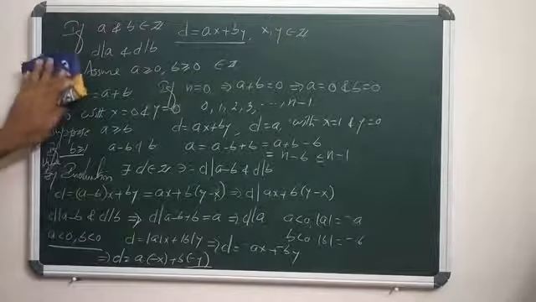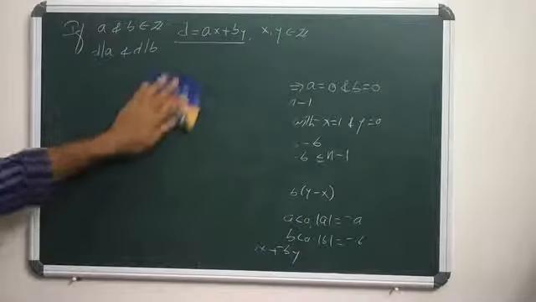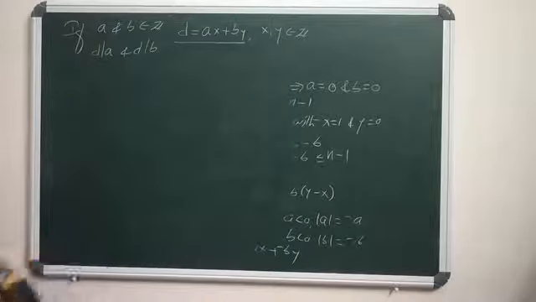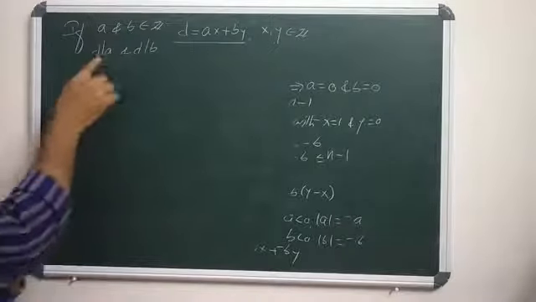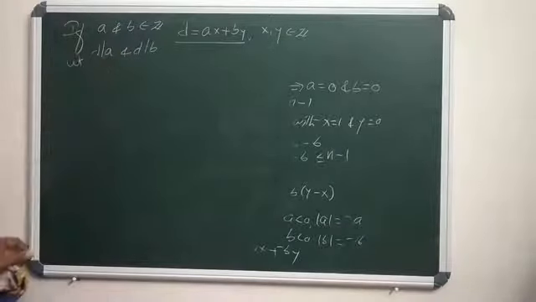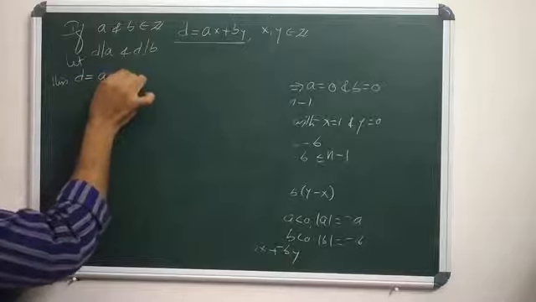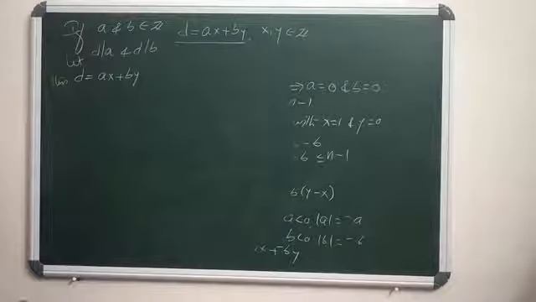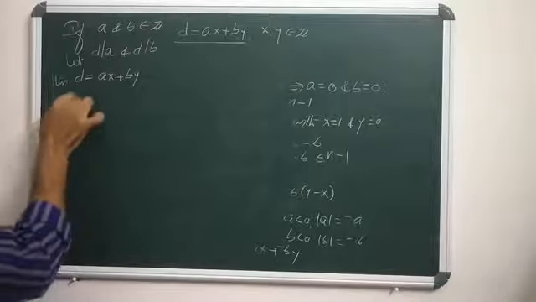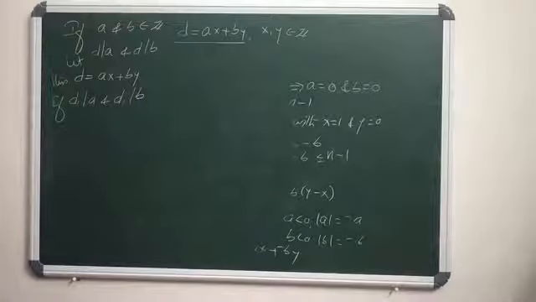Agreed. Moreover, if d divides a and d divides b, or d is the common divisor of a and b, then every common divisor of a and b divides this d also. How? Let d divide a and d divide b. Then d can be expressed as a linear combination of this a and b. Now, if another element d1 divides a and d1 divides b, then we can show that this d1 divides this d itself.